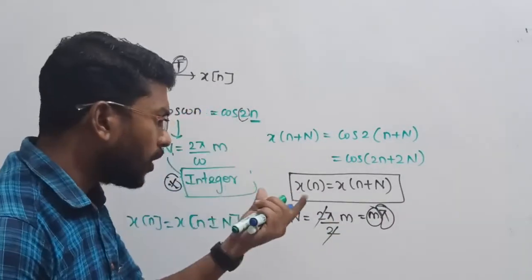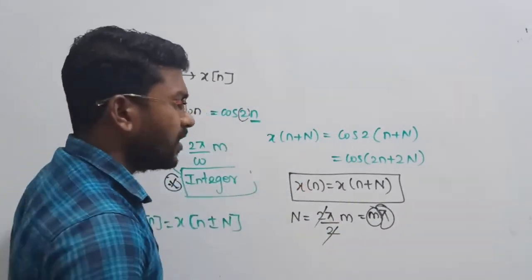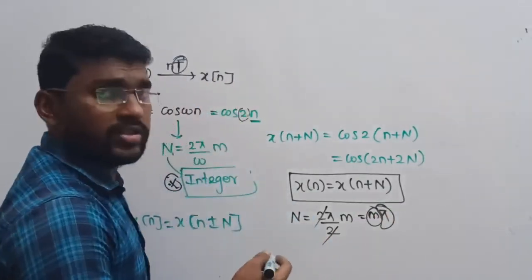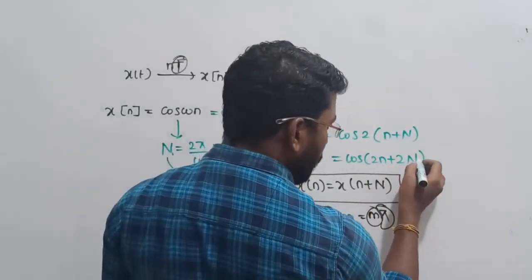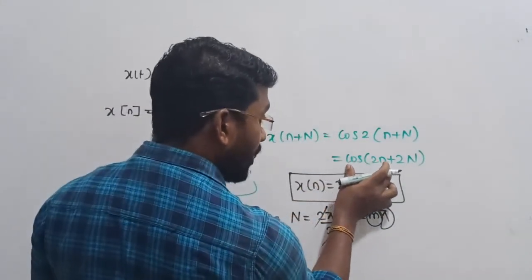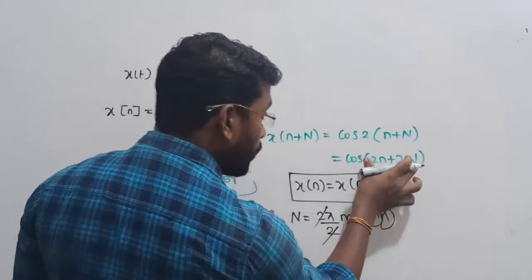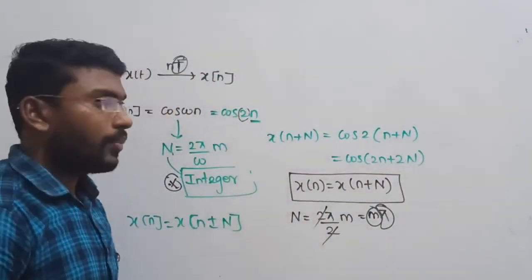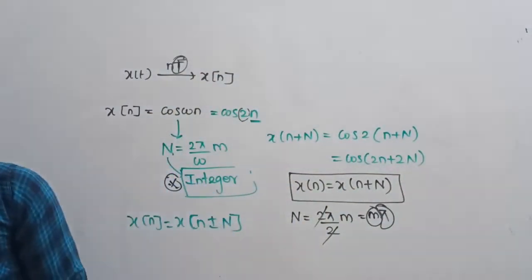Now I have to choose a proper value for N. So cos of 2n has to be equal to cos of 2n plus 2N, which should be equal to cos 2n. So for them to be equal, what will you do? Let me write these things.